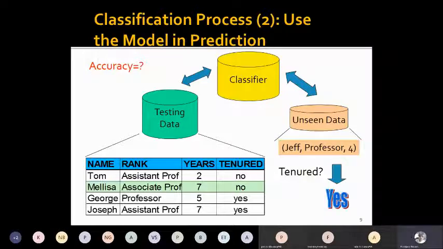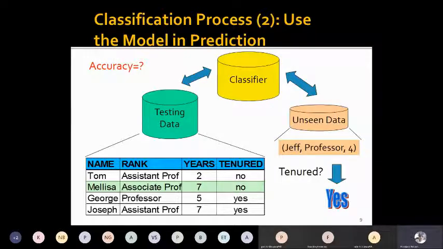And then if I have some test data set, like here Tom, Melissa, we can apply our rule and see what the accuracy of my previous model is, which said that if professor or years is more than 6, then the person will be tenured.